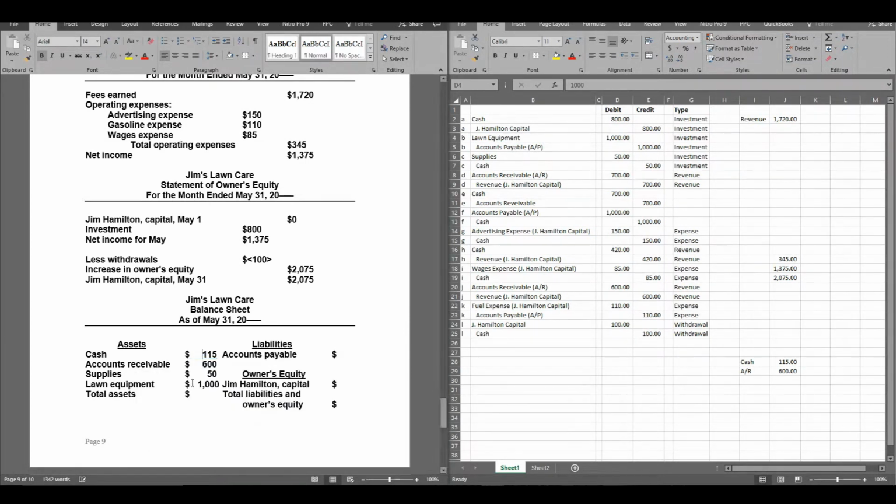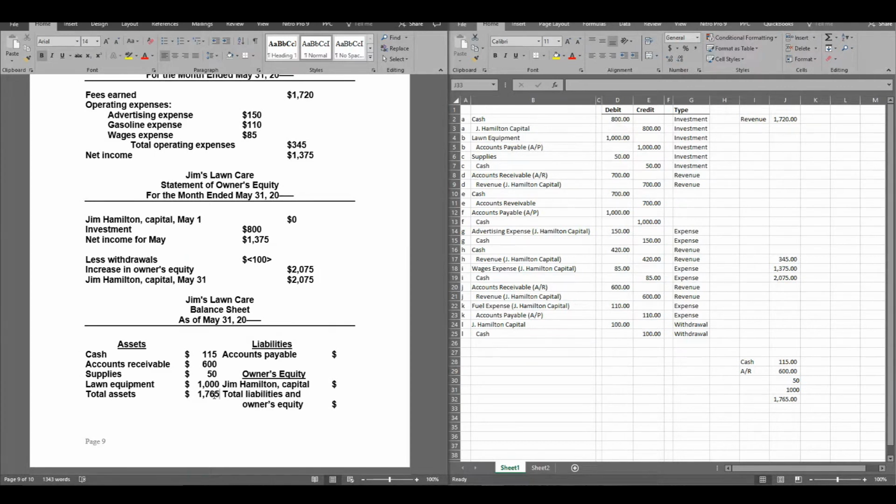Okay. So then our total assets, if we add all this up, we've got 50 and 1,000. So I can do sum here and add. Our total assets are $1,765. I can already tell you that something's wrong.